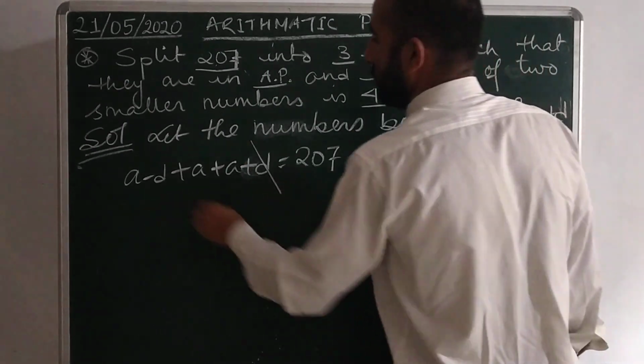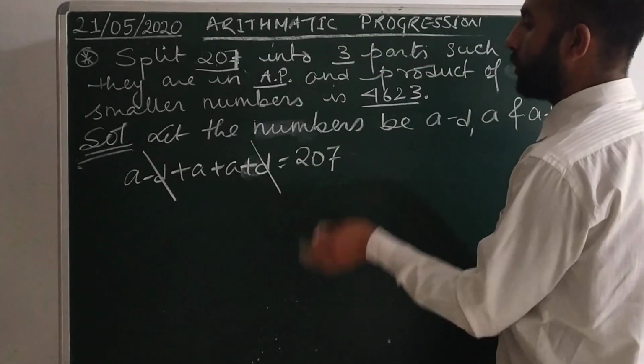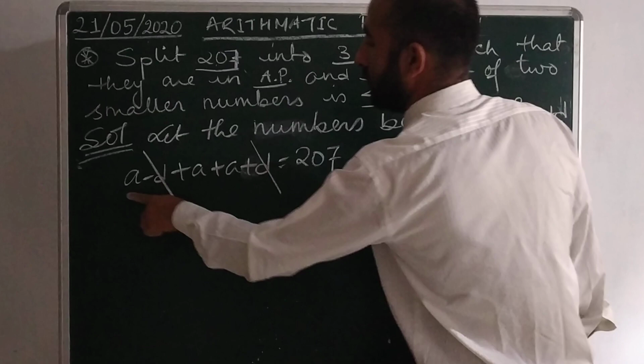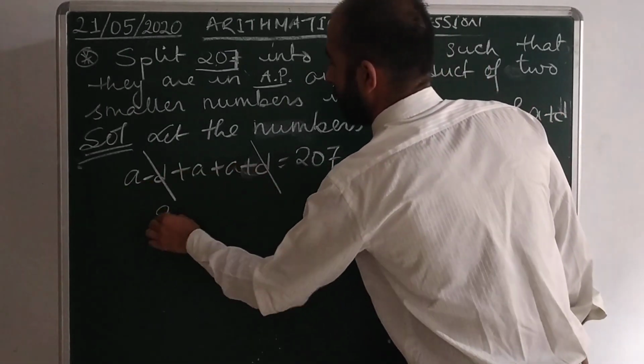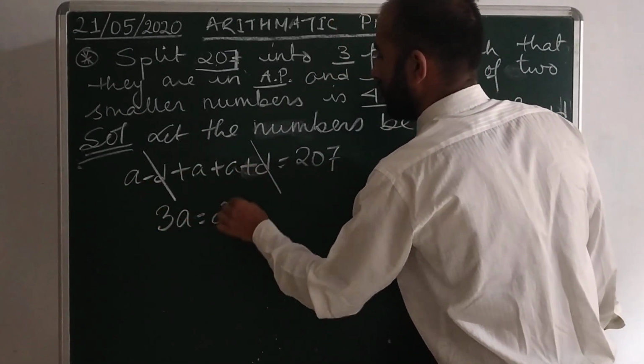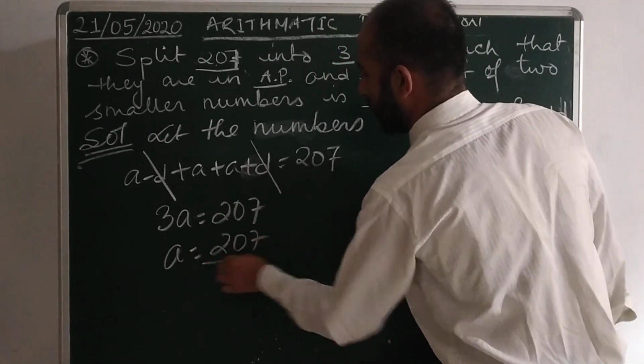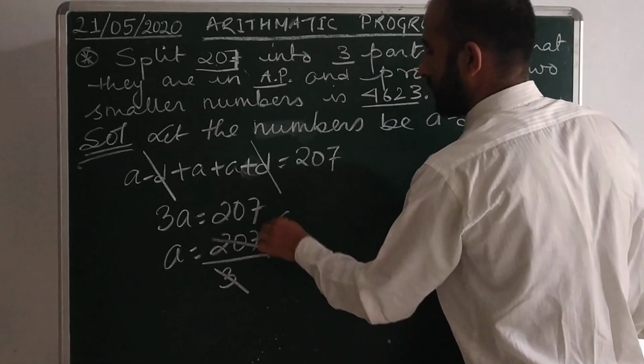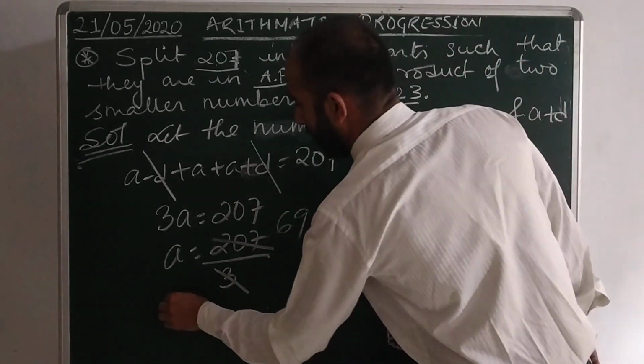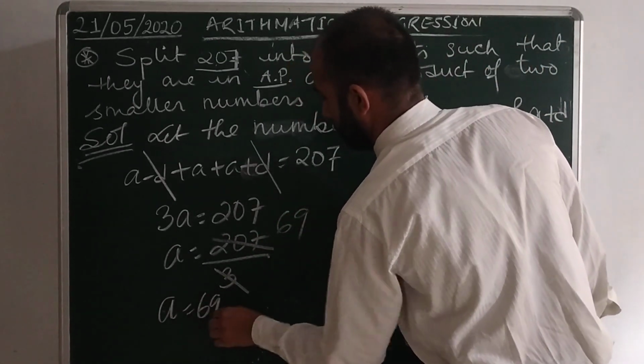So plus D and minus D cancel, following the same process as the previous question. A plus A plus A, that is 3A, equals 207. A equals 207 divided by 3, that means 69. So A equals 69.